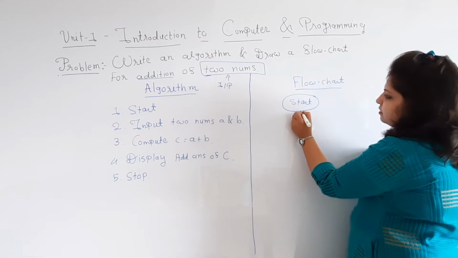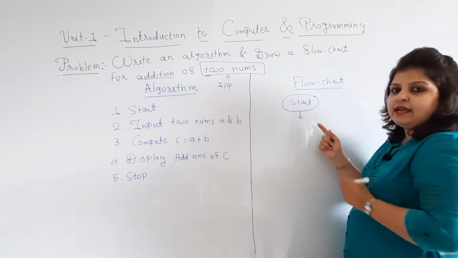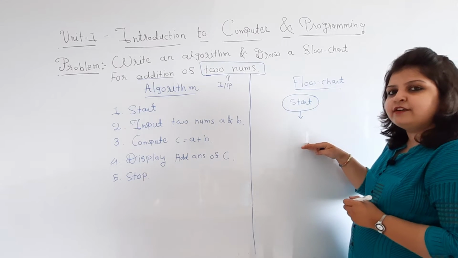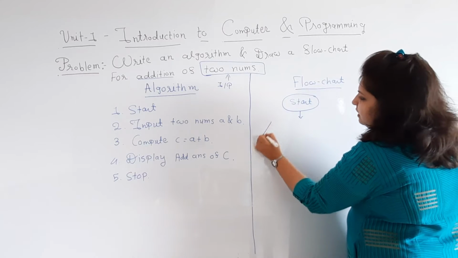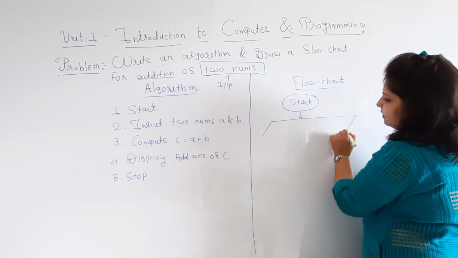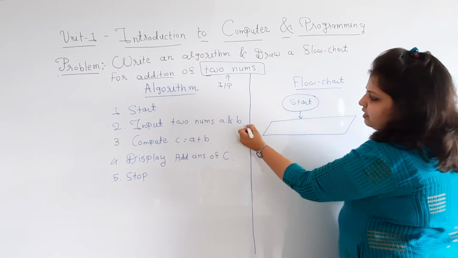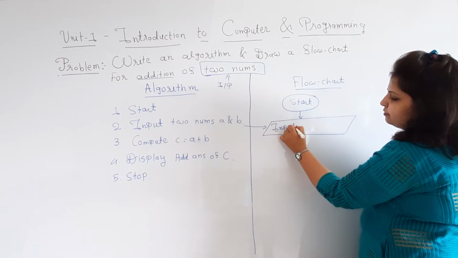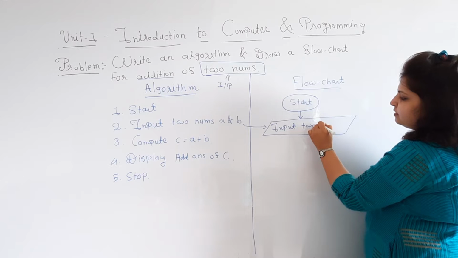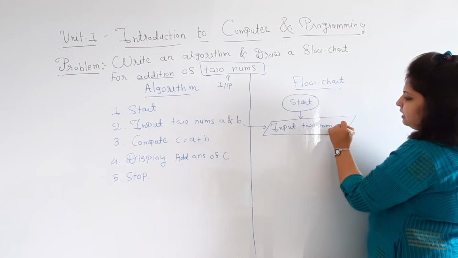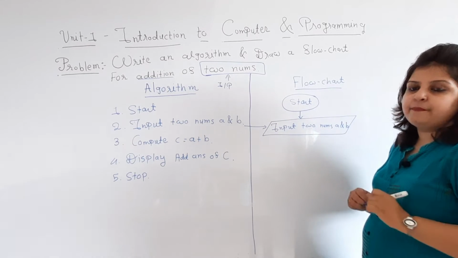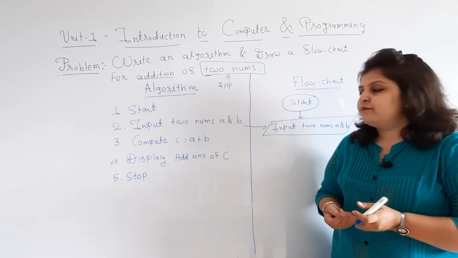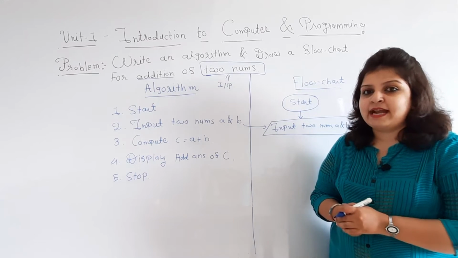So just use an arrow, and the arrow indicates data flow, that after start we have to write our input. So in the parallelogram, the same statement we have to write: input two numbers A and B. Now the next part is the process, and for process we have to use a rectangle.